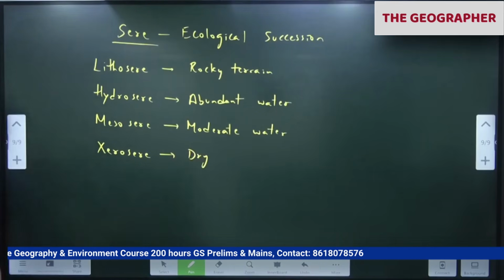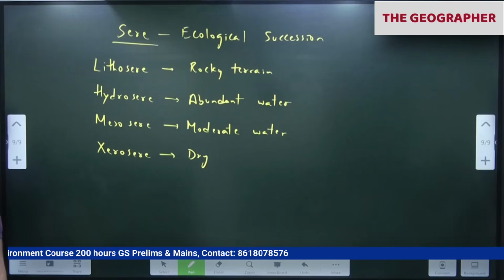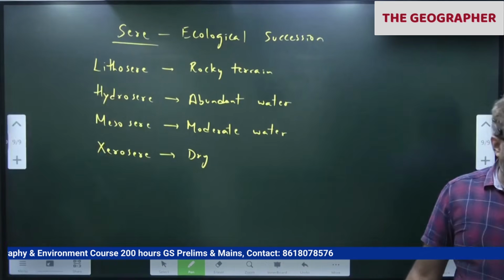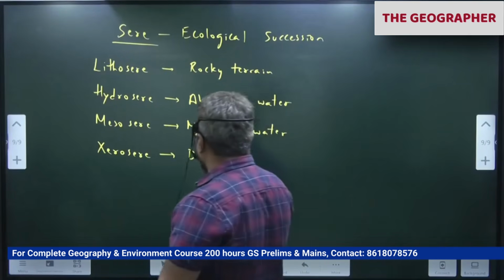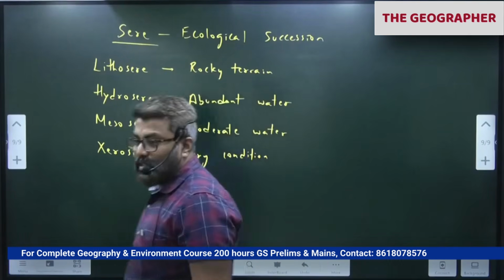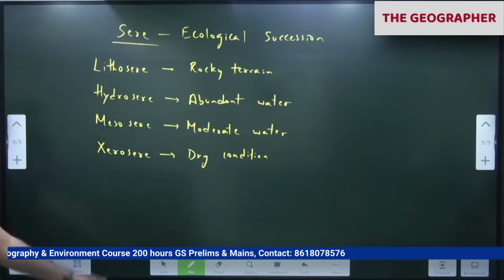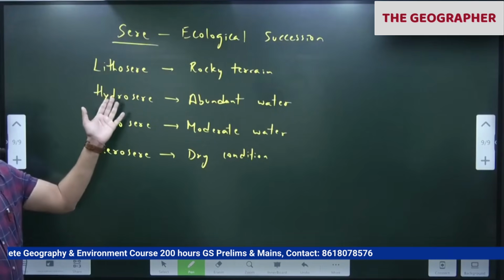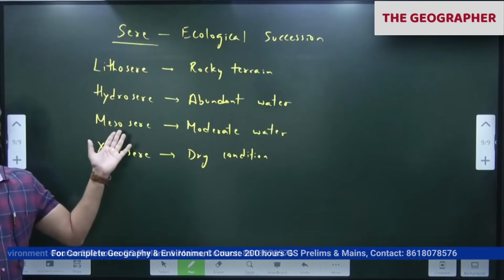Even in desert some plants are there, have you noticed? Very few, I agree: cactus, succulents, some grasses. Near an oasis some palm trees can be seen. Otherwise, no vegetation. Dry conditions. If the ecological succession occurs in desert, xerosere. If it occurs in abundant water conditions, wetlands, hydrosere. Here outside what we get is mesosere.